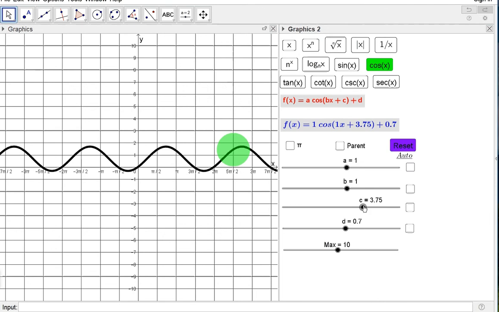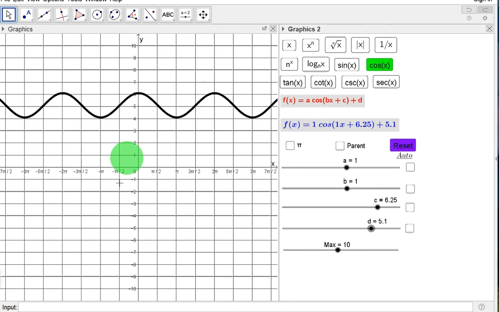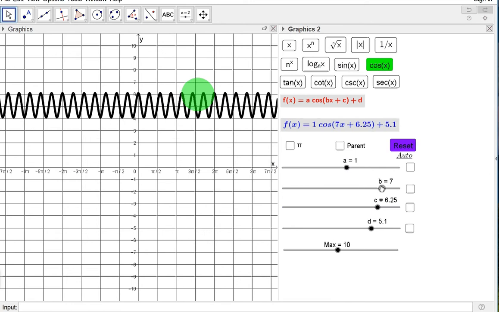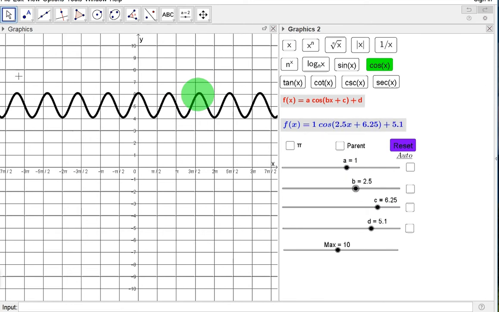I'm going to change c just so we can have a definitive point. Let's just move it back here. But again, if we move d, no matter what, the distance between these is still 2 pi. That has everything to do with the b value. The second the b value changes, this spring compresses or stretches, and therefore the period changes.